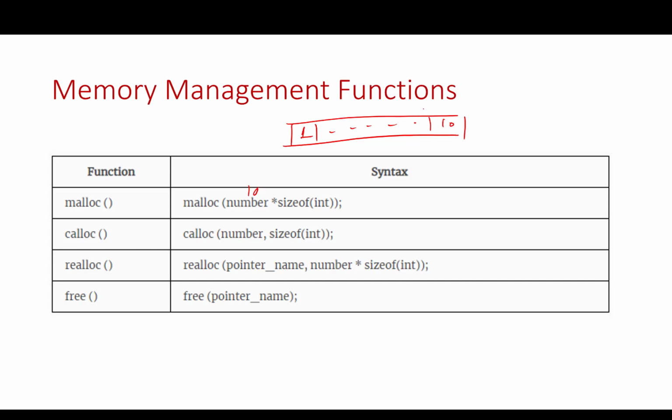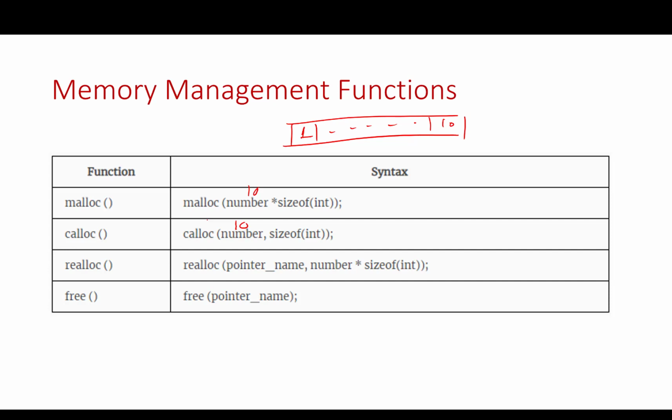calloc is the same thing, where here you will have, again, this is 10, and this is sizeof(int), so you will do the same thing as above. Realloc, if you want to reallocate, the first thing you have to tell me is what you actually want to reallocate. So you have to give the pointer name, right?